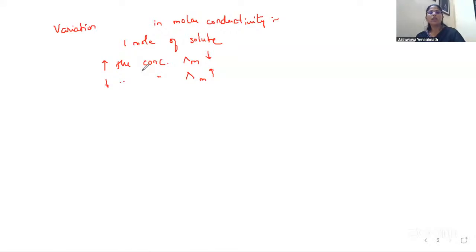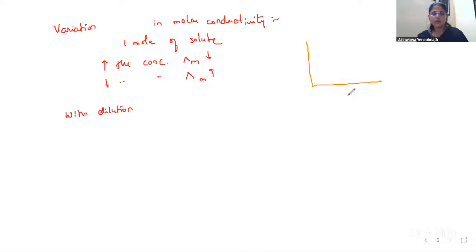So we will be talking about both weak electrolytes and strong electrolytes. So with the dilution, what happens? Molar conductivity is increasing slowly. If I want to show you by graph, I'll tell you here. See, you can see here.